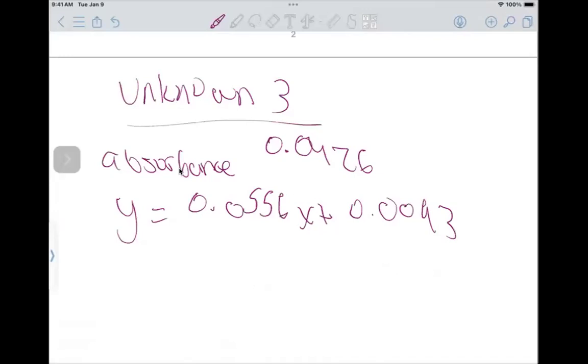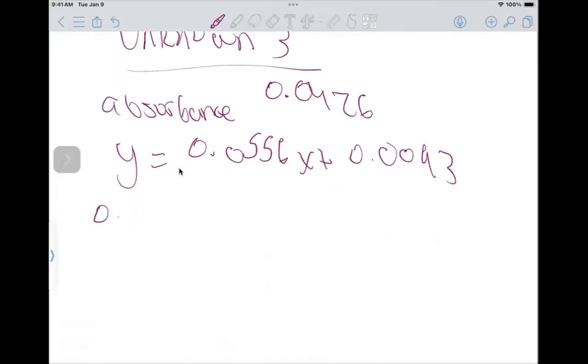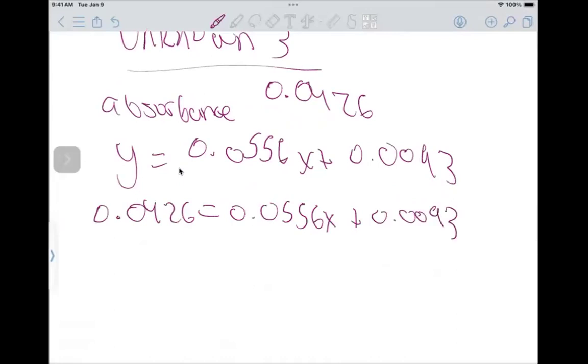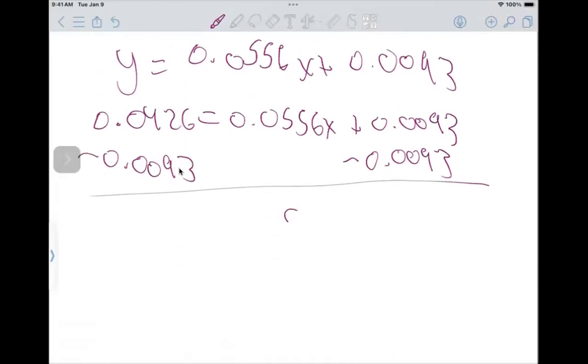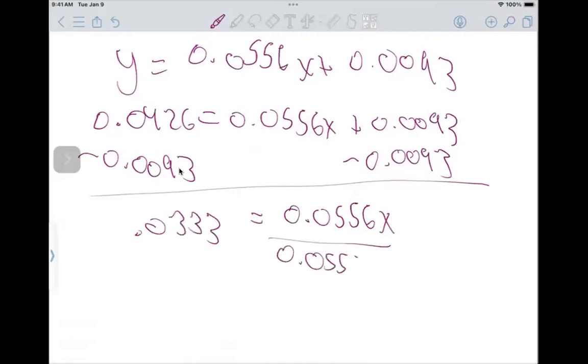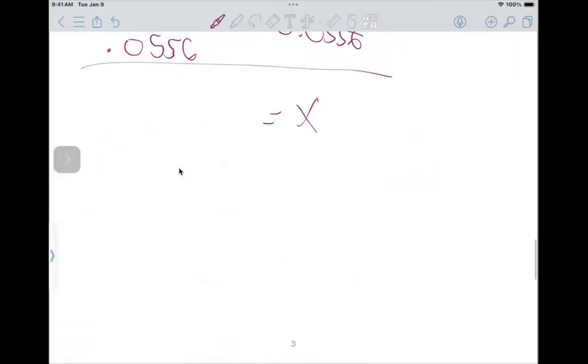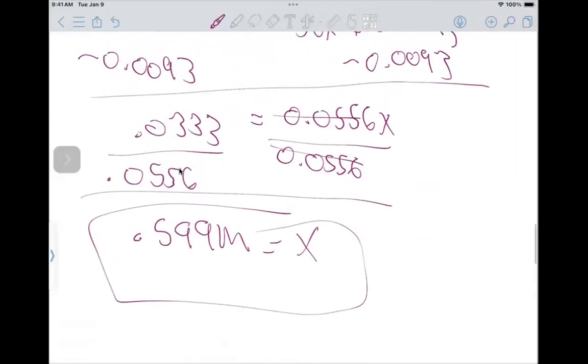Okay, and now that you've tried it, we will now solve for x. x is equal to 0.599 molars.